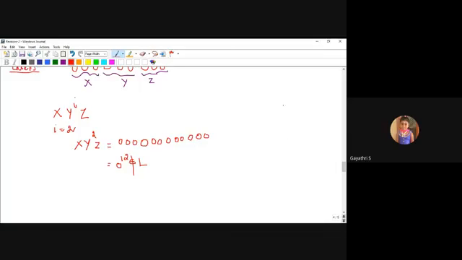So what are the 3 pumping conditions? The first pumping condition: X Y square Z, whether it belongs to L or not. Second, length of X Y less than or equal to P. Then length of Y greater than 0. Actually, the first condition is not satisfied. Second condition, length of X is 3, length of Y again 3, 3 plus 3, 6, and 6 less than or equal to 4 is wrong.